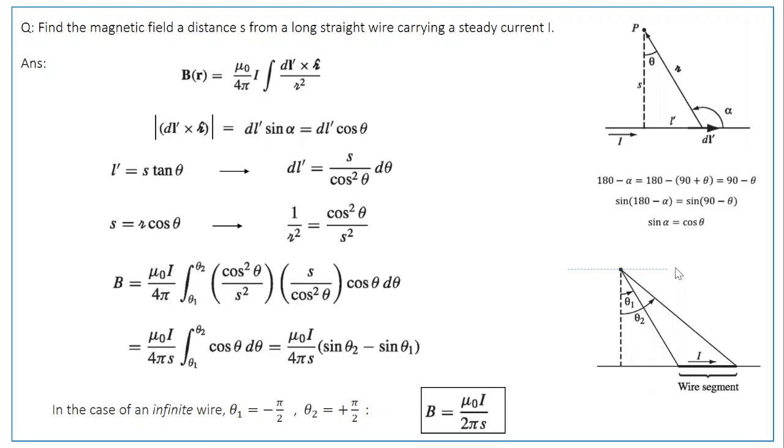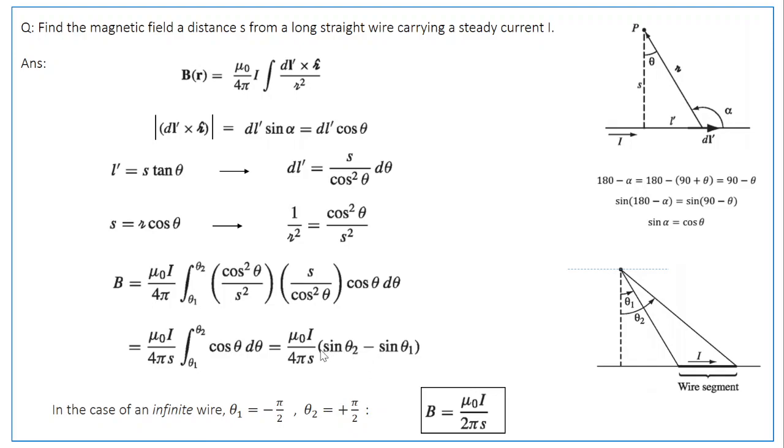Finally at infinity it reaches the value pi by 2. What about theta 1? When the wire extends all the way to infinity towards the left, initially theta 1 decreases to 0, then it increases in the negative direction and finally becomes minus pi by 2. So theta 1 is minus pi by 2, theta 2 is plus pi by 2.